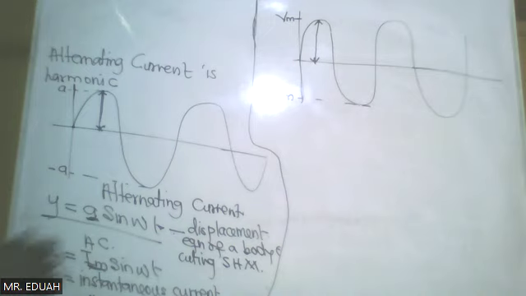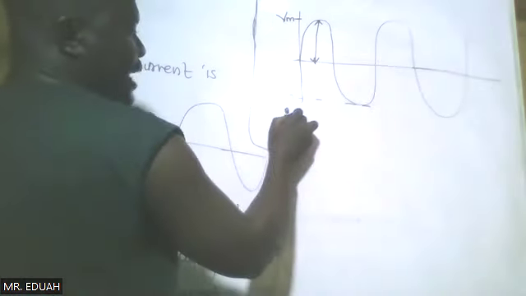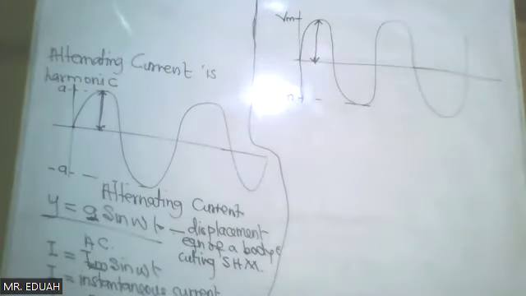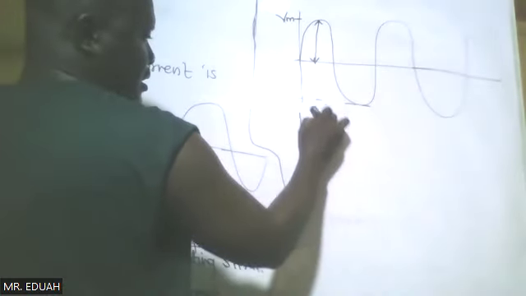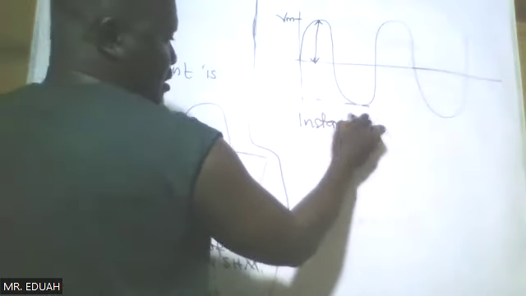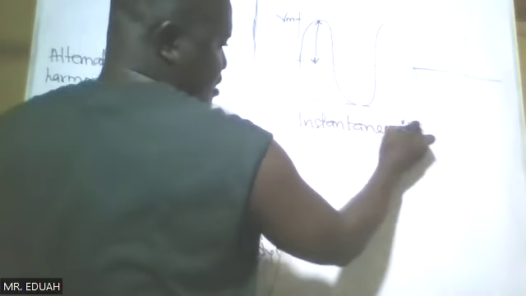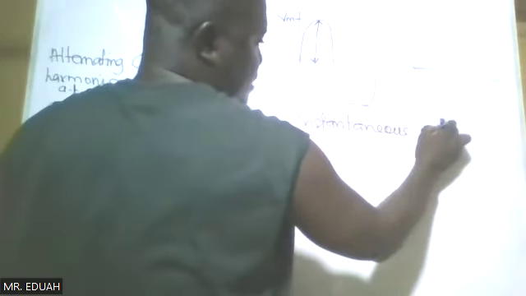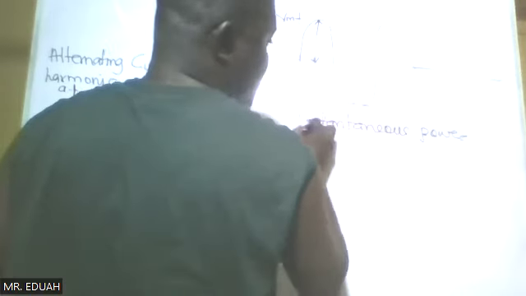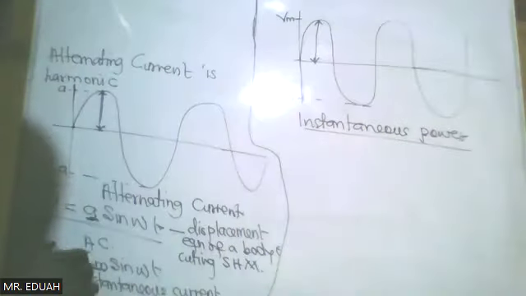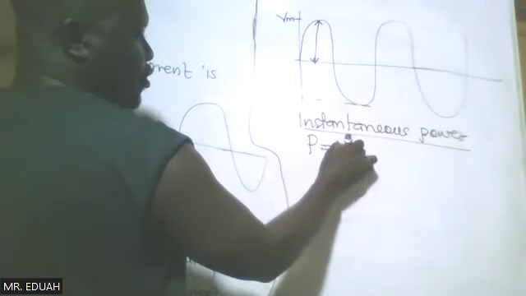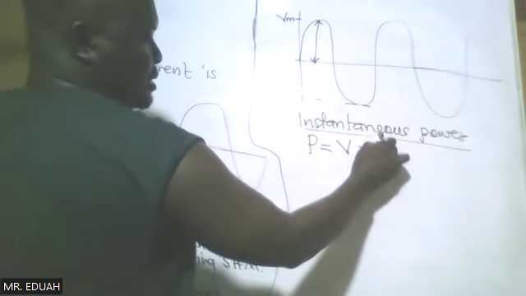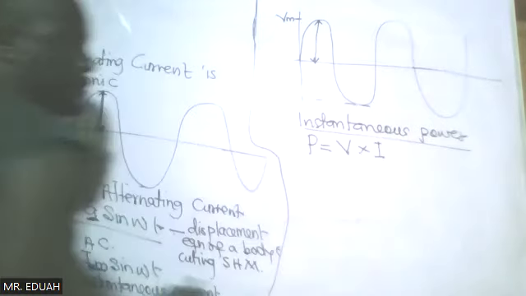Now, we also could talk about instantaneous power. We know power to be equal to voltage times current.